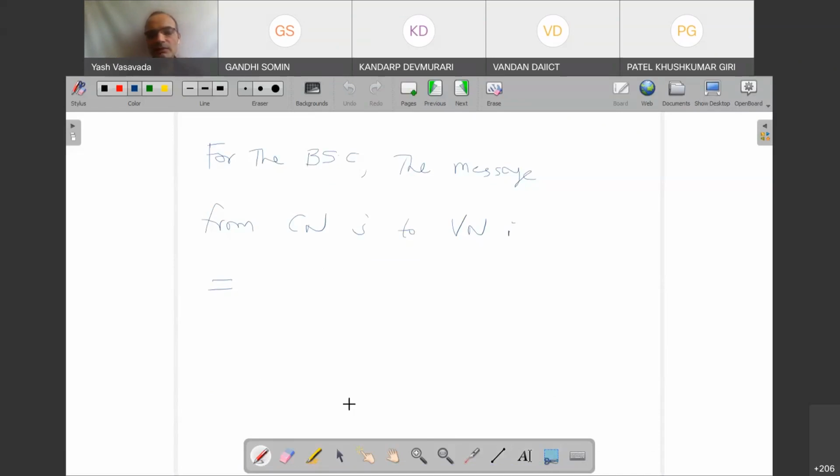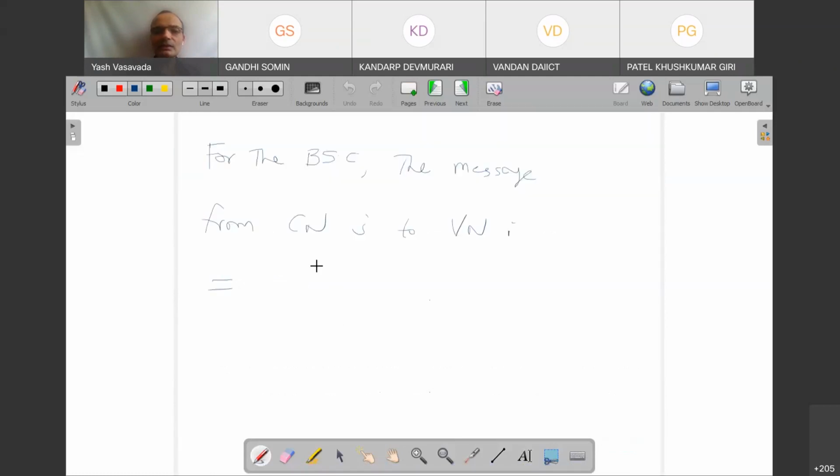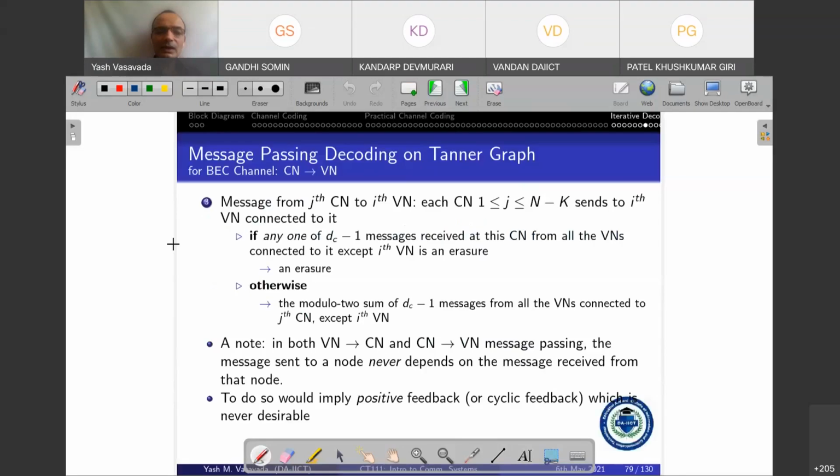The answer is actually very simple. It will be the same as in BEC, the summation of dc minus 1 VN messages mod 2. But in BEC, you have this problem that you might see an erasure, and so you can't do the summation of dc minus 1 values. So I think your answer is correct, except again, this if part is not needed.